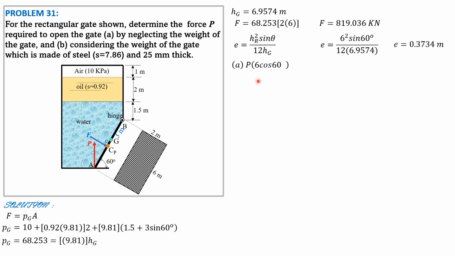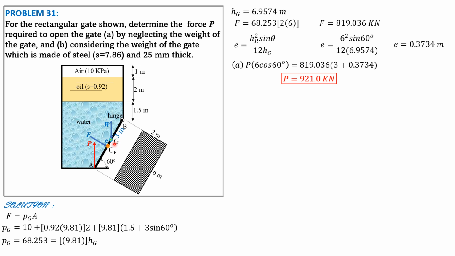So part A, P times 6 cosine 60 degrees equals F, which is 819.036. The moment arm is 3 plus E, 3 plus 0.3734. From there, we can solve for P. P is 921.0 kilonewtons.